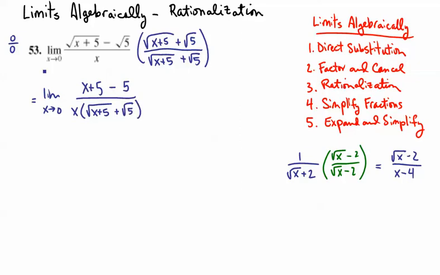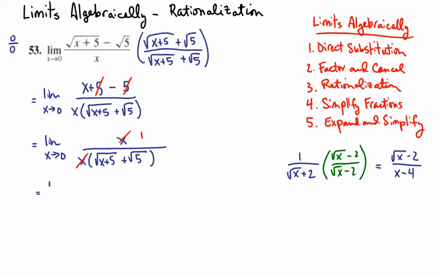But we can see that the numerator will simplify, the 5's will zero out, and we will end up with the limit as x approaches 0 of x over x times square root of x plus 5 plus square root of 5. At this point, our x's can cancel, and that's great because the factor of x in the denominator is what caused the denominator to become 0 and hence undefined. Now we've gotten rid of that.